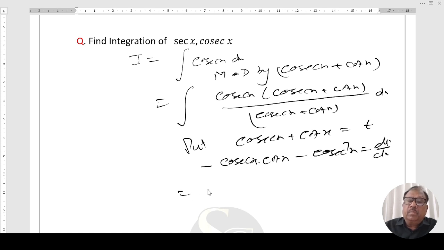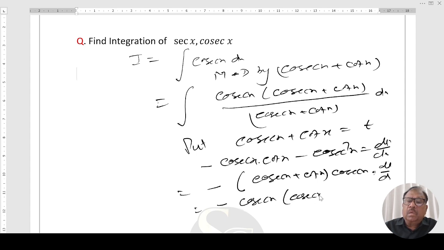This can be written with minus sign taken common, cosec x plus cot x into cosec x equal to dt by dx. Therefore, minus cosec x into cosec x plus cot x dx equal to dt. Right?